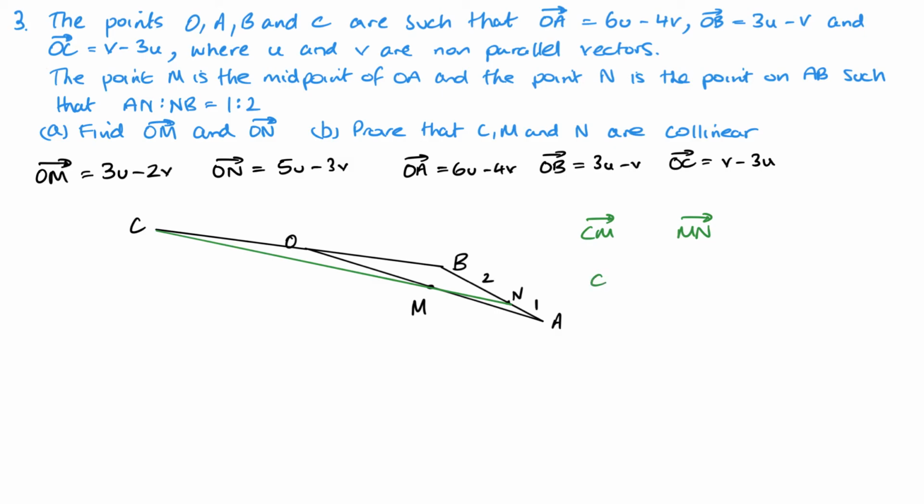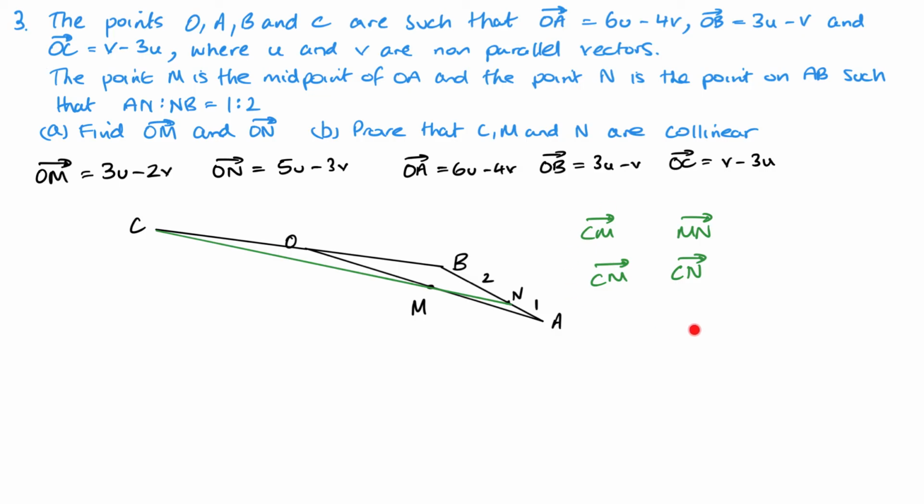Alternatively, we could find CM and CN. Again, these would show parallel, but obviously a different multiple, like the others. And again, it's the same point here. So C to M, C to N. If they're parallel and they start in the same place, they have to be on the same line.